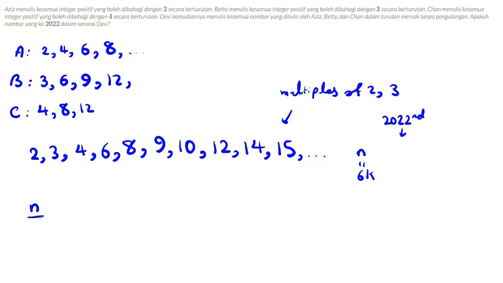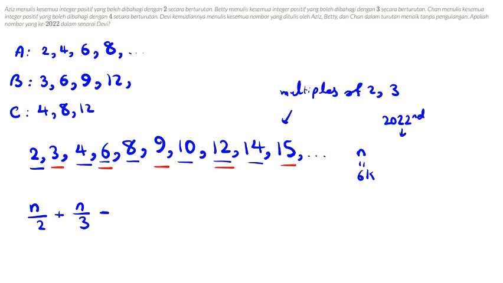I write n over 2 numbers, and because it is a multiple of 2, we don't need the floor. Plus n over 3 numbers until here. Minus n over 6, because we count multiples of 6 twice. For example, for multiples of 2 you say 2, 4, 6, 8, 10, 12, 14, and for multiples of 3 you say 3, 6, 9, 12, 15.